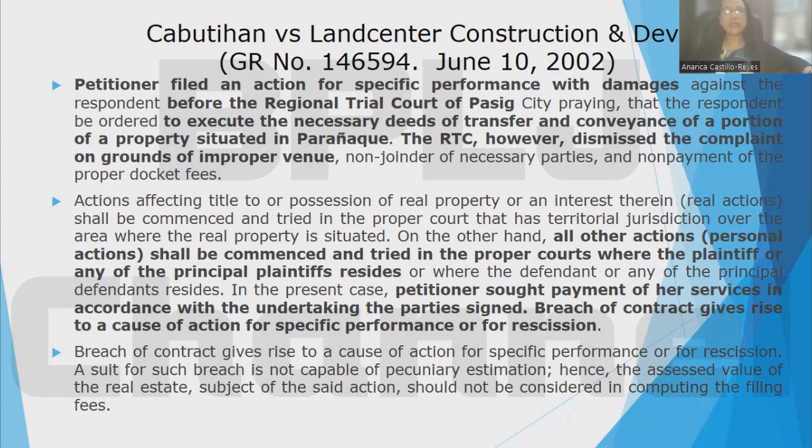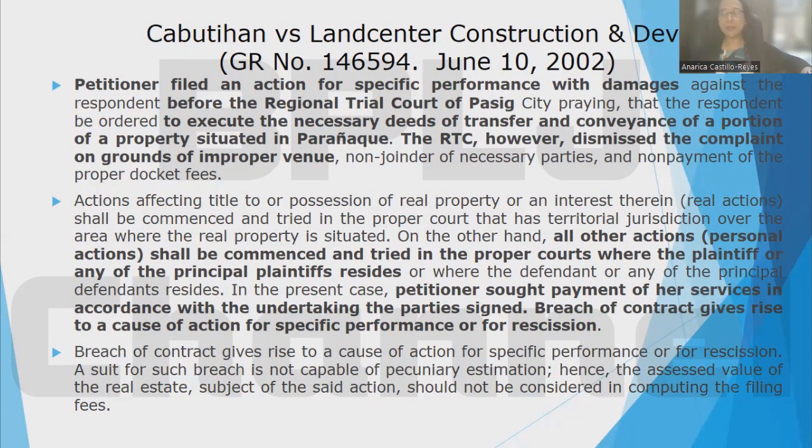Okay, Kabutihan filed an action for specific performance with damages before the RTC of Pasig City. So what is specific performance with damages? It is a personal action. Okay, they pray that Land Center execute the required deeds of transfer and conveyance of a portion of property situated in Parañaque.